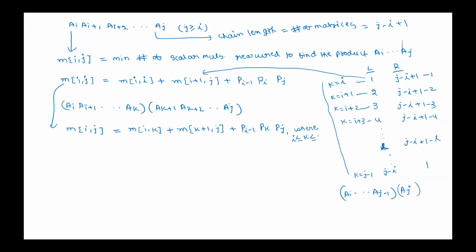I to j minus 1, any value. Is it clear or any doubt? Is this clear?